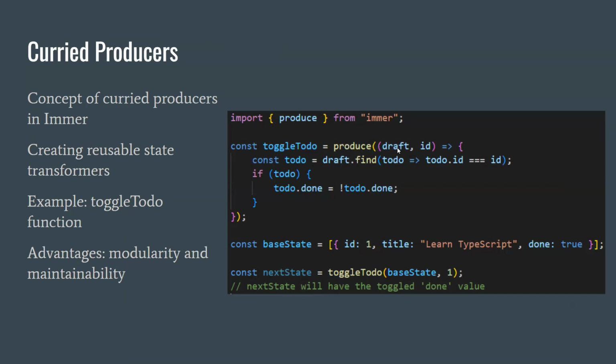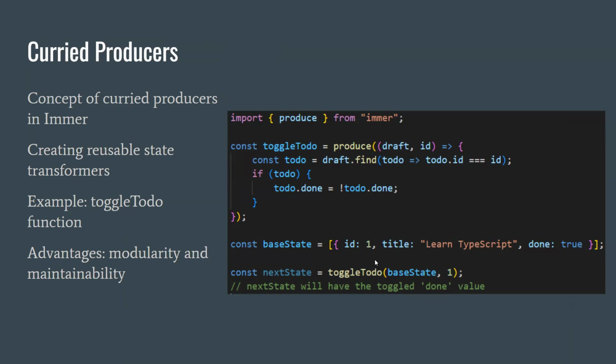We get back a new function, and this returned function, when later invoked with a state, applies the recipe to that state.